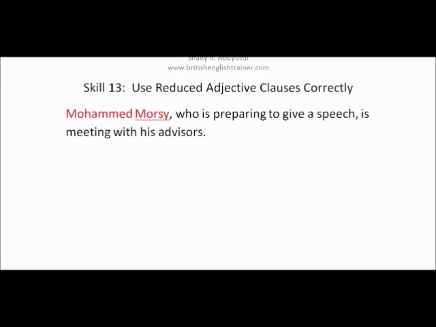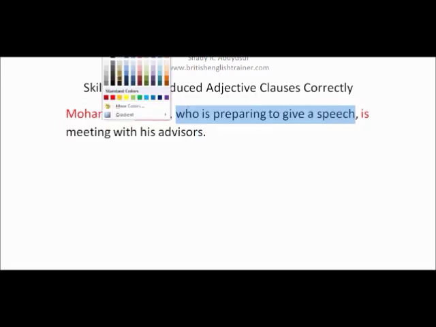Fantastic. Mohammed Morsi, who is preparing to give a speech, is meeting with his advisors. Now Mohammed Morsi is the subject. Then is, that's the main verb. And who is preparing to give a speech? Well, that is the adjective clause.